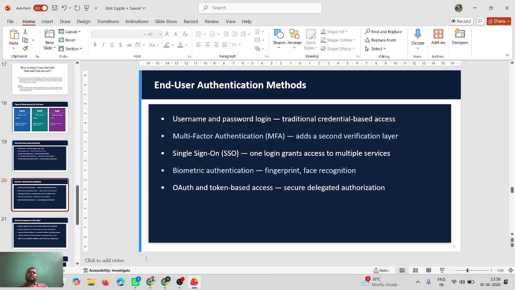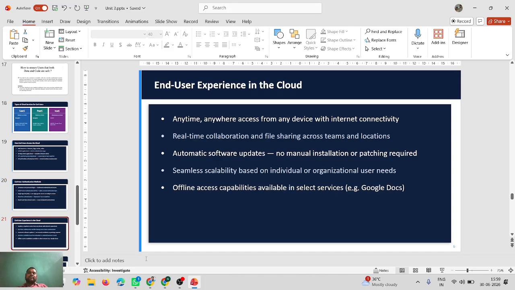So what are the available end user authentication methods? As we discussed: multi-factor authentication, the traditional username and password mechanism, single sign-on, one login for multiple services, biometric authentication, and OAuth or token-based access control.